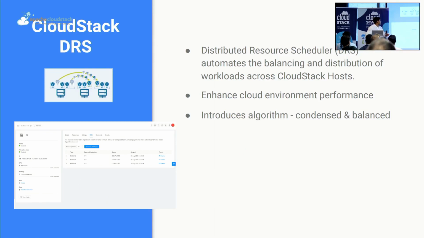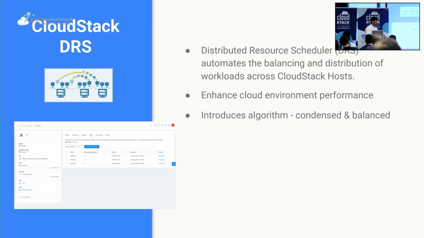Next, we are adding a CloudStack DRaaS feature. It automates the balancing of workload across hosts. So it should be a great functionality or option for administrators to balance their infrastructure.